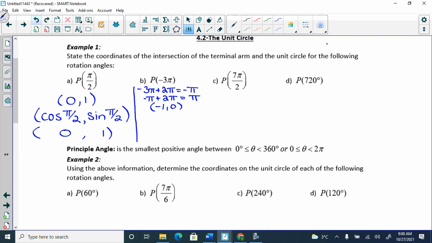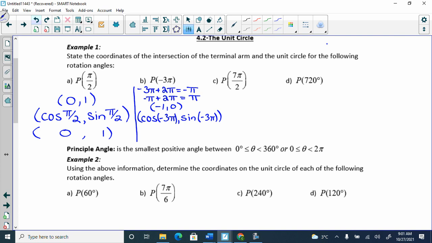Now, we're not going to check pi, because what if we made a mistake finding the coterminal? We're going to check it using negative 3 pi. So we're going to go cos of negative 3 pi, sine of negative 3 pi. What mode do we need to be in?